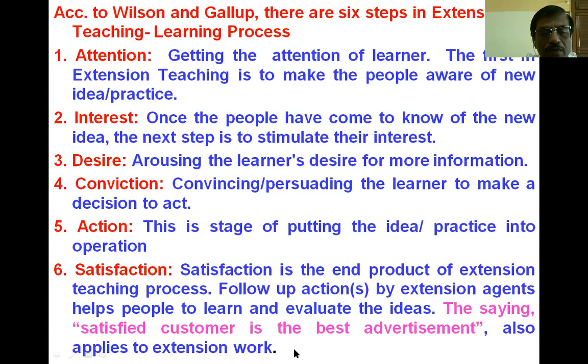Thereby you can make them satisfied with the subject. Here is a saying: a satisfied consumer is the best advertisement. If the farmer is satisfied with your technology, he in turn spreads the information to others. This also applies to extension work.